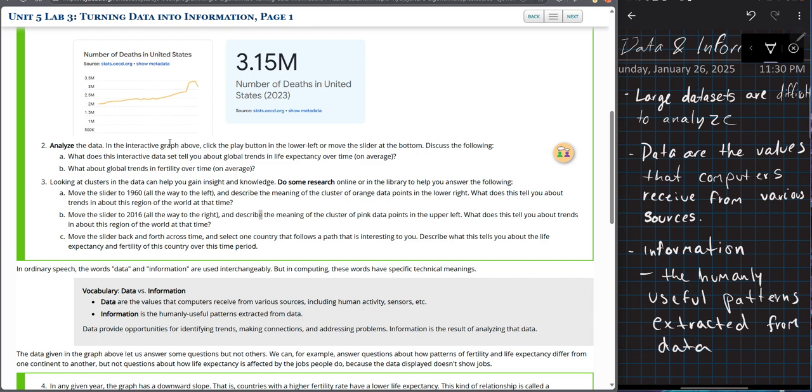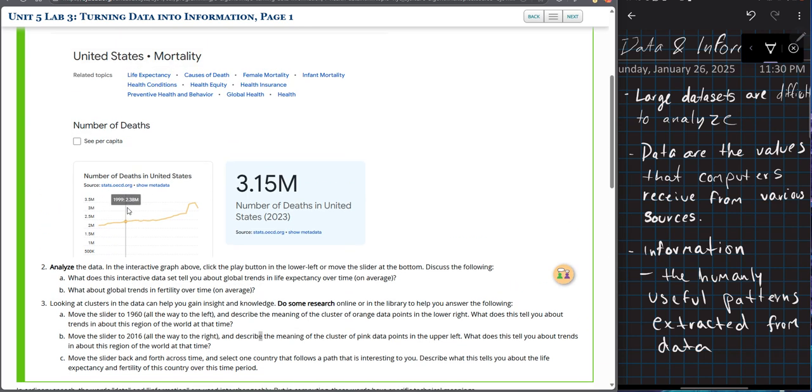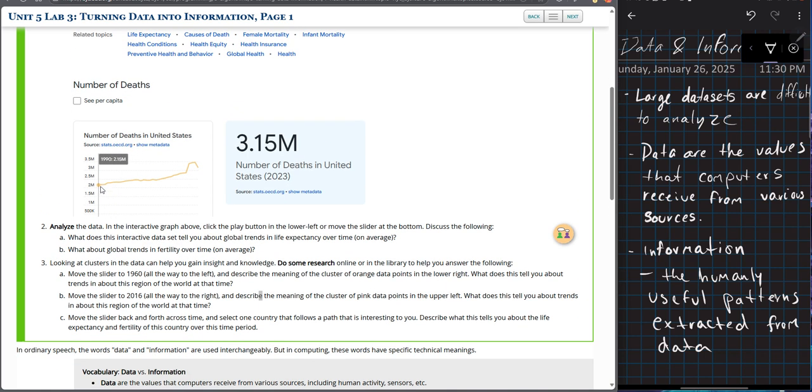That's what information is. So you look at patterns. What does it tell you? Right here we know that it's talking about the number of deaths. So we know that they're increasing, increasing, increasing, and then this change tells us it increased a lot. And you see here it's 2020. So it's COVID. And then it decreased after the vaccines, right?